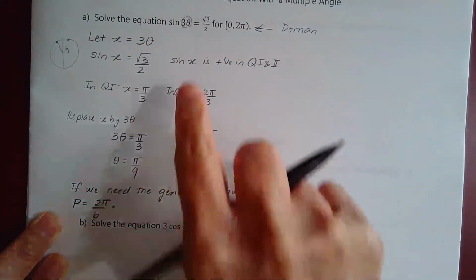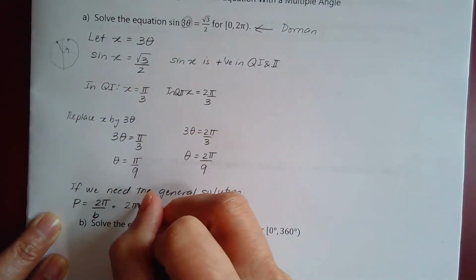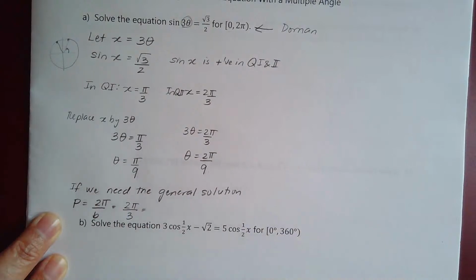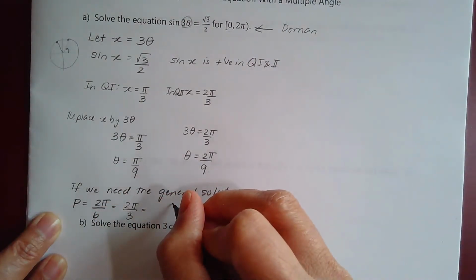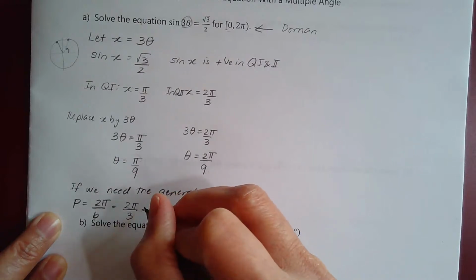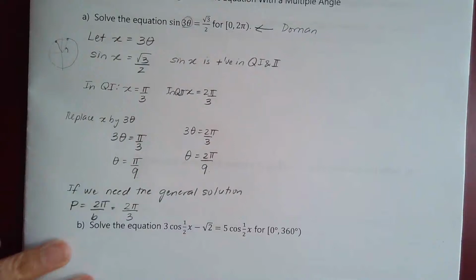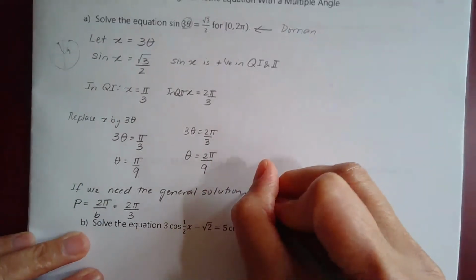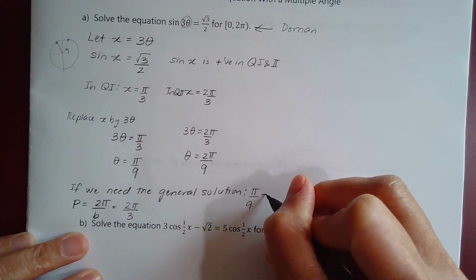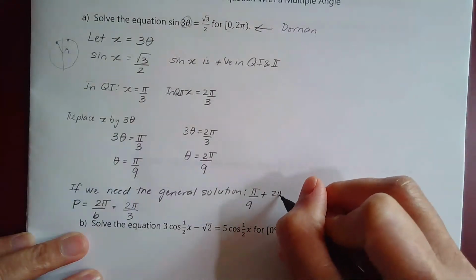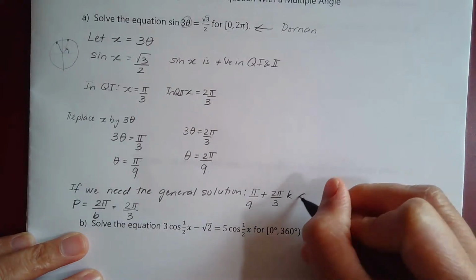And then we look at our equation in here. Well, the b is 3. So 2 pi by 3. So that's the new period. Therefore, the general solutions are pi by 9 plus 2 pi by 3 times k, where k is an element of the integers.